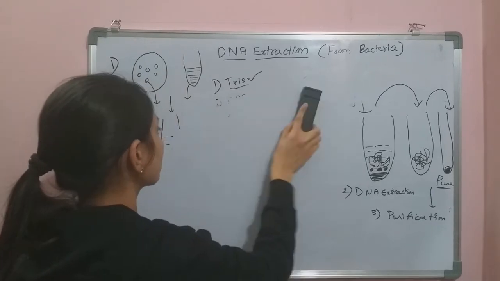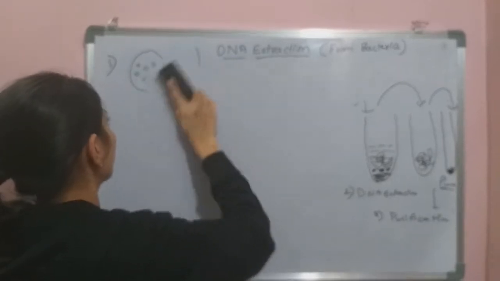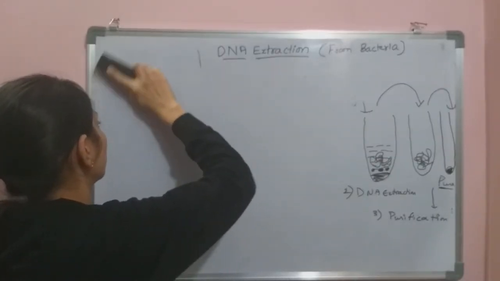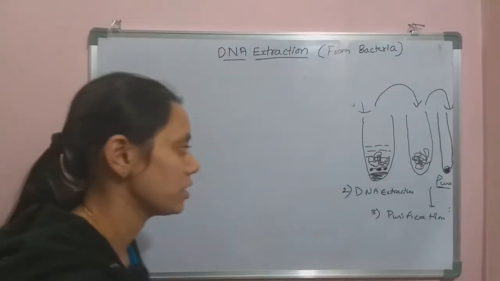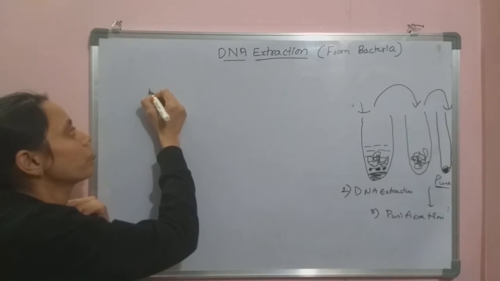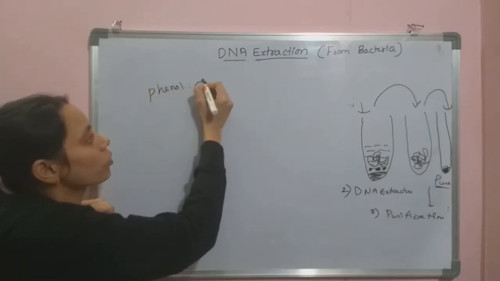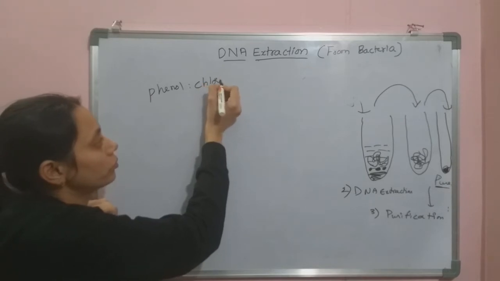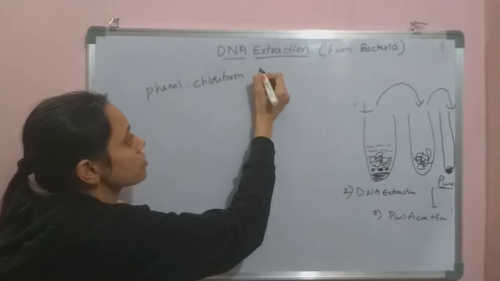Coming to the next process, that is chloroform phenol treatment. During the second process, that is DNA extraction from the remaining components, we are going to add phenol, chloroform, and isoamyl alcohol.